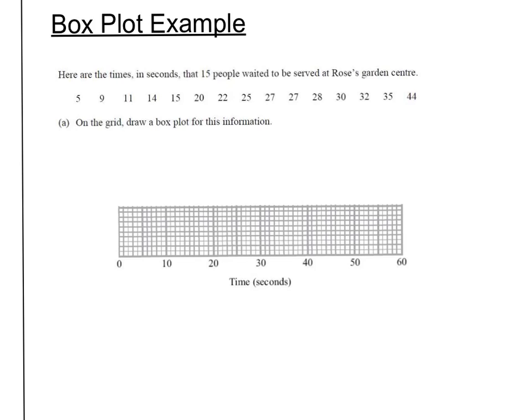Okay, so the information I need to complete a box plot is the lowest value, the highest value, what's called the lower quartile, the upper quartile, and finally, and I'll just do this on the side, the median.